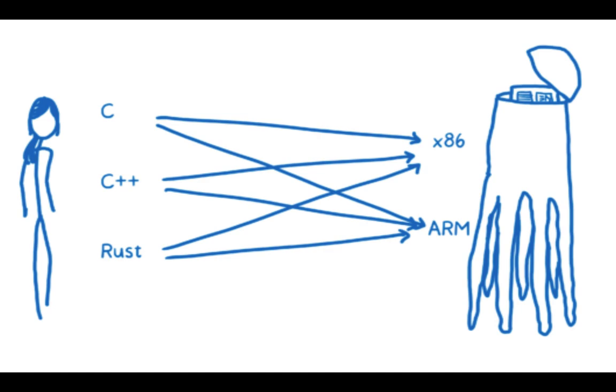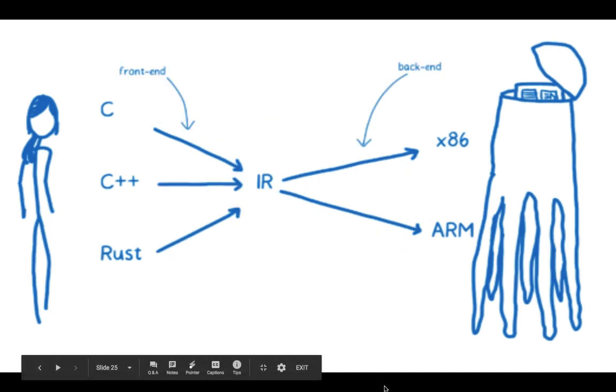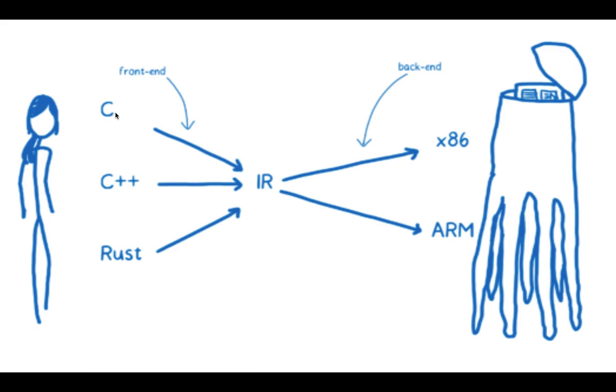What could be efficient is that we put an intermediate layer in between, where every code will compile to this intermediate language, and will then be processed or converted according to the machine on which it's going to run.